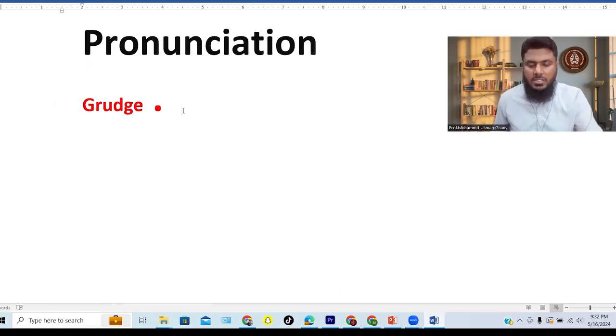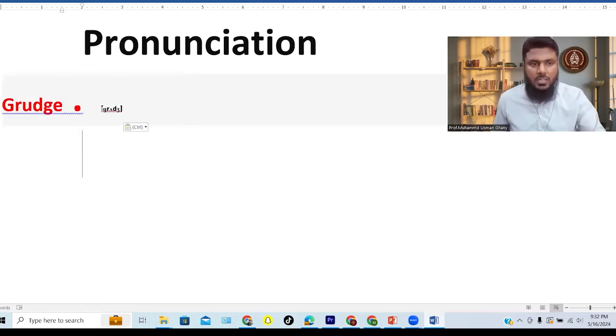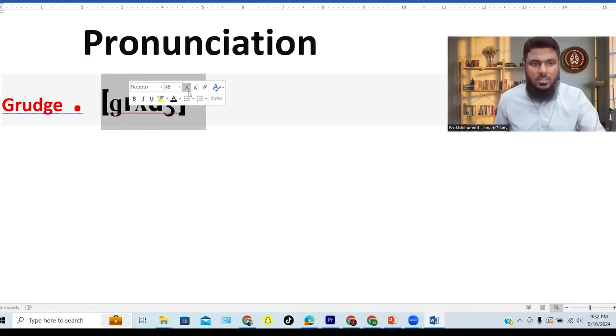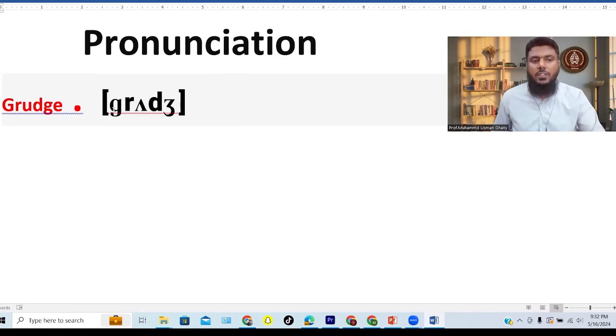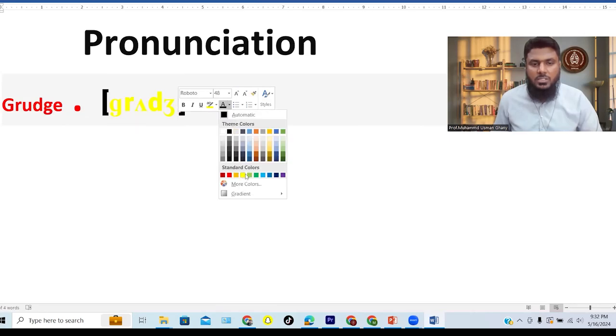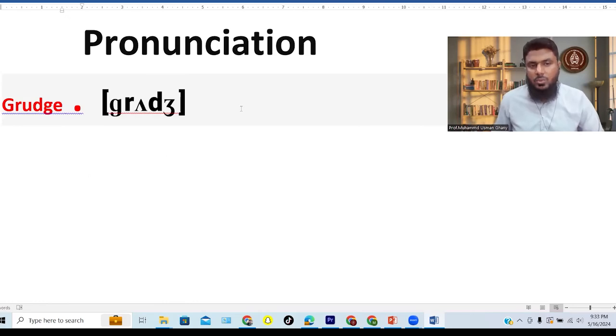For example, I write this over here, and we see that this is actually the transcription we have got. If you do not know what the pronunciation of a word actually is, we simply need to go to what? To the IPA symbol chart.